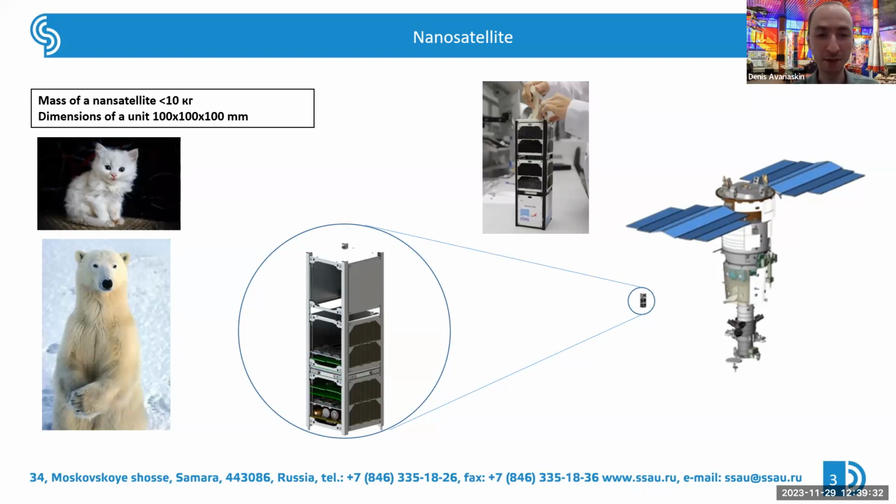Of course, cats as well as nanosatellites are smaller than polar bears and large spacecrafts. But inside, they consist of the same onboard systems, and they can do the same, but not so powerful as big ones.